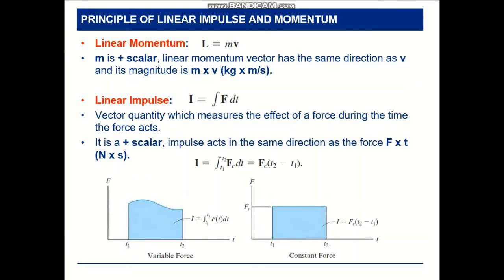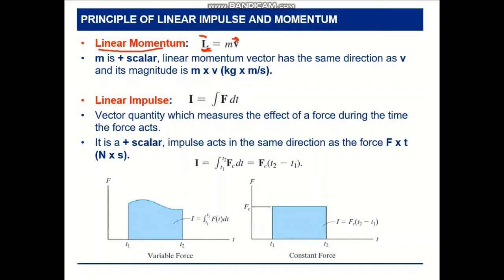If we concentrate on linear momentum, it is represented by capital L, which is equal to the mass of the particle multiplied by the velocity. Both velocity and linear momentum are vector quantities, and m is the mass, which is a scalar.